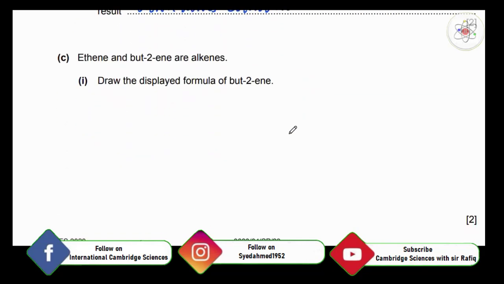Coming to the last part, ethene and but-2-ene are alkenes. Draw a displayed formula of but-2-ene. It's very easy to draw the displayed formula of any hydrocarbon.